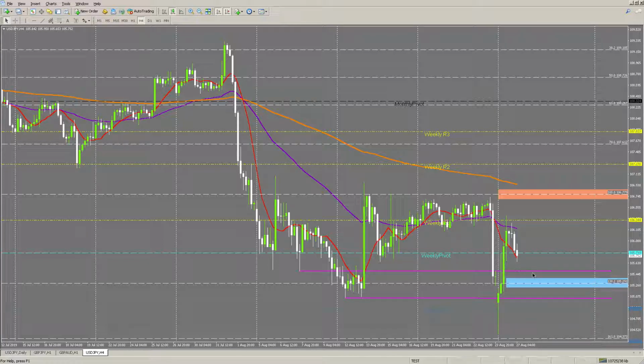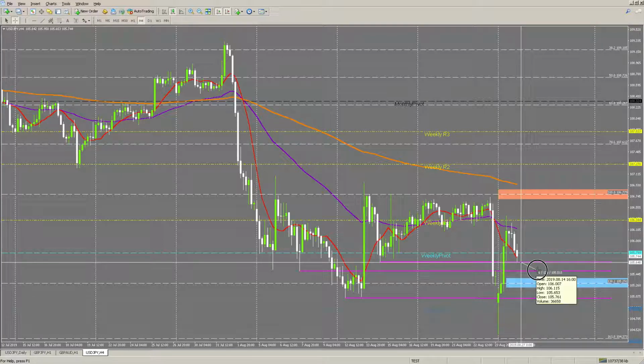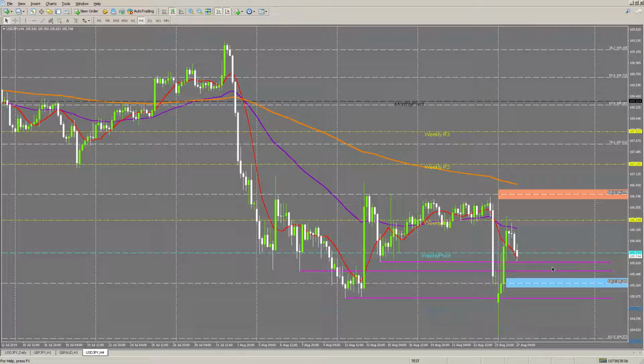So potentially there could be a zone being set up where there could be a bounce on these areas. This zone here, there's another swing low at 105.65. So this zone here could be a potential buy zone.